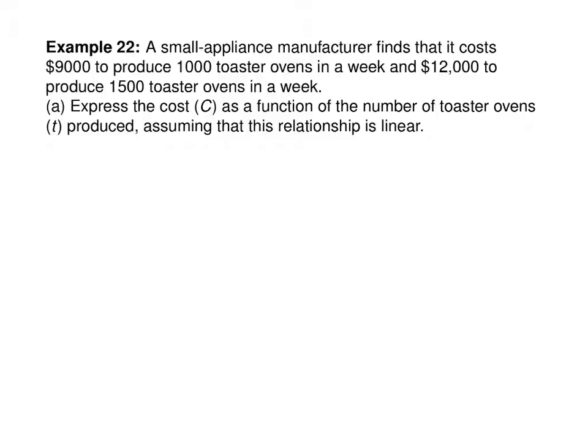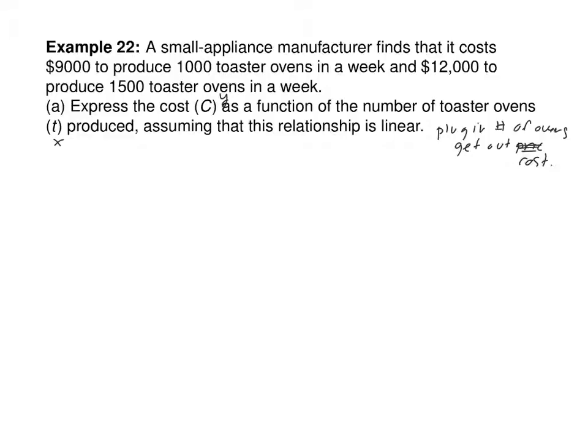So what this language means is cost is your y and toaster ovens is your x. What you want to do is plug in the number of ovens and get out your cost. Does that make sense as a question?